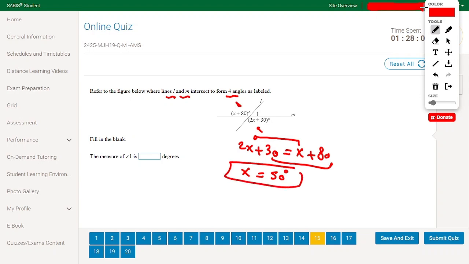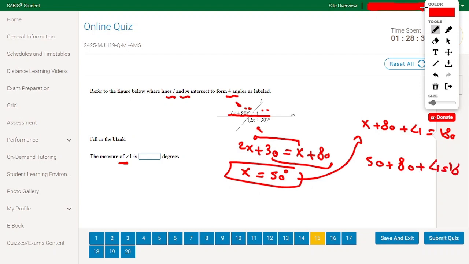Okay, here the measure of angle 1. I need to get the measure of angle 1. So this is the line, and these two angles are a linear pair. So x plus 80 plus angle 1 will be equal to 180. Now x was 50, so I have 50 plus 80 plus angle 1 will be equal to 180.